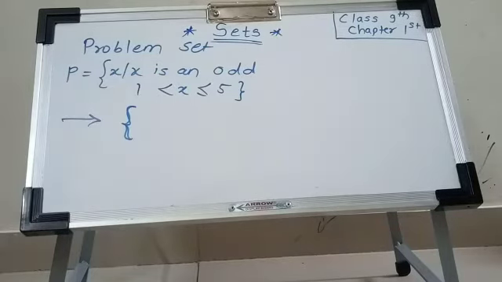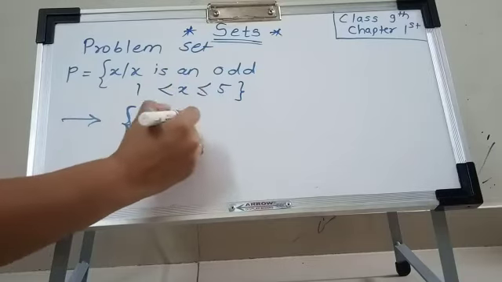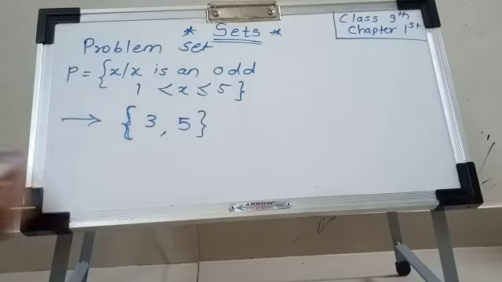Greater than 1, the next odd number is 3, and the next odd number is 5. Equal to 5 means we can write 5. So P is a set having elements 3 and 5, where x is an odd number between 1 and 5.